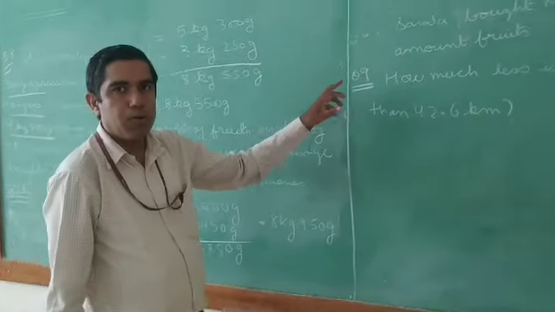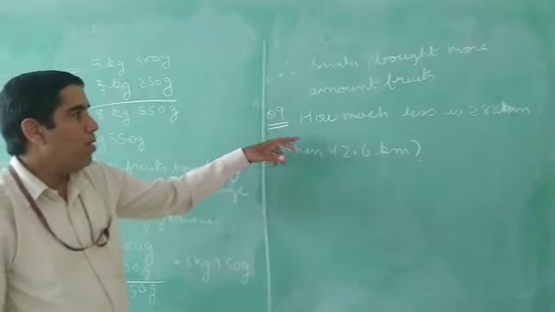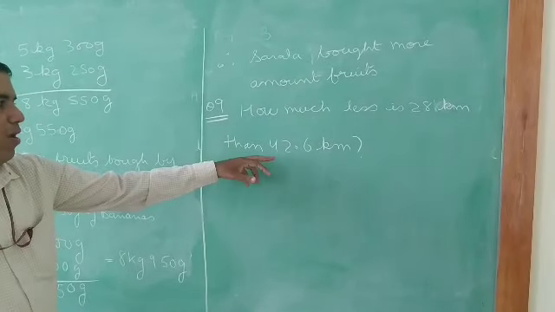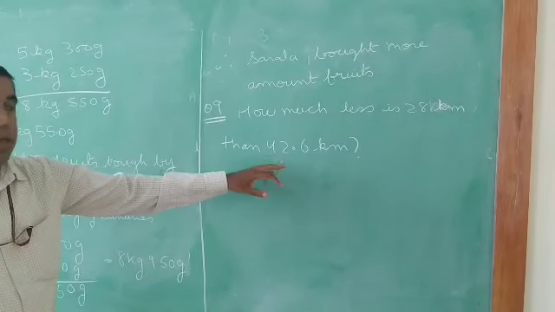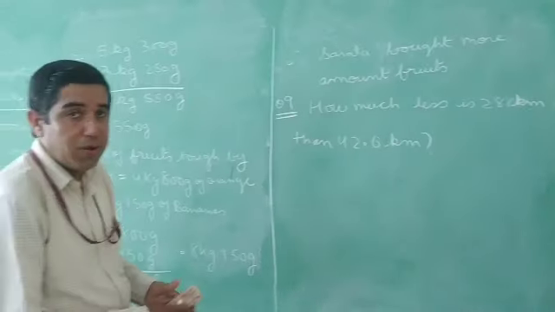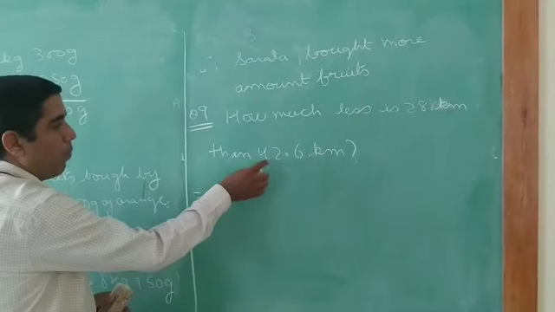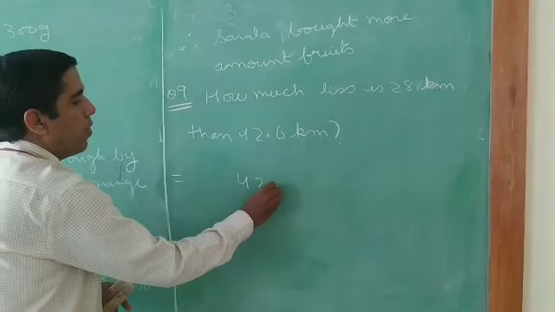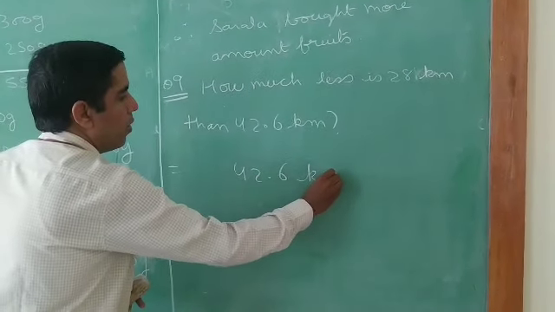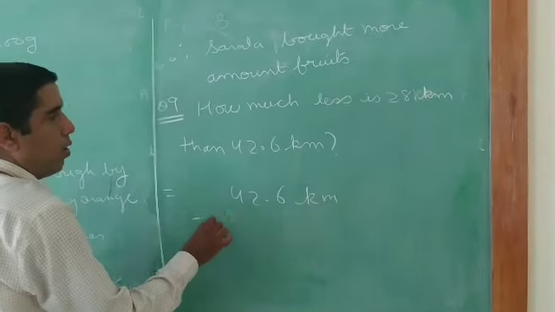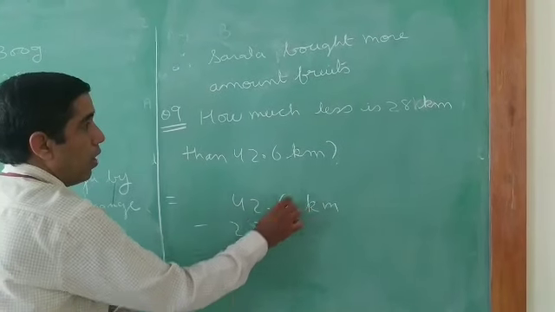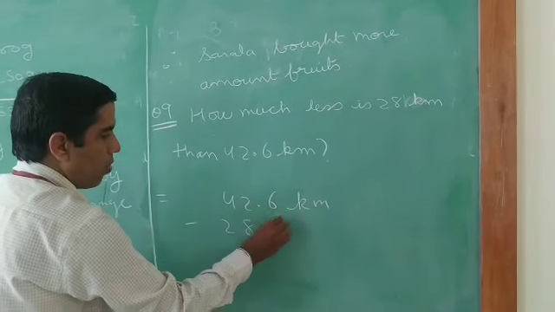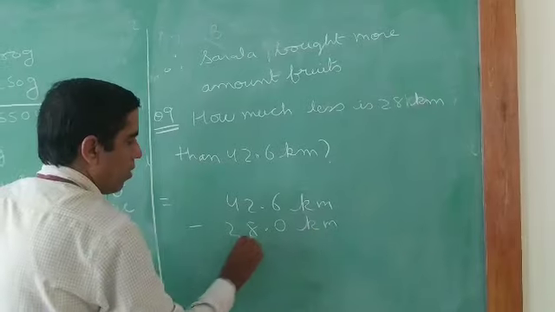Now I am coming on question number 9. How much 28 kilometer is less than 42.6 kilometer? So they are asking how much. So we have to find the difference. So you see, we have to subtract. So 42.6 kilometer minus 28. If there is no digit after this one decimal, so it will be 0. So I will write like this here.